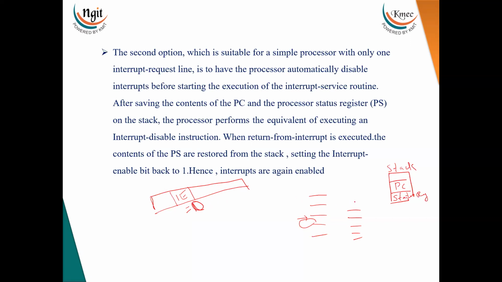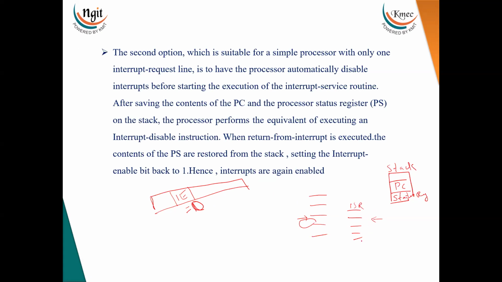Now, before copying this status register's content onto the stack, the microprocessor automatically disables the IE. After copying that, it will execute the ISR. Now, if any interrupt is generated in between, it will not be accepted. Why? Because the interrupt enable flag is 0. So the interrupt is disabled, and that's why the microprocessor will not accept any interrupt.